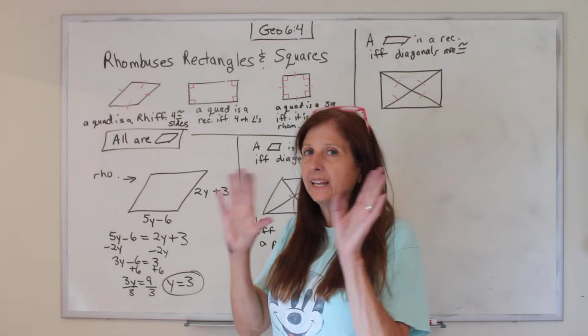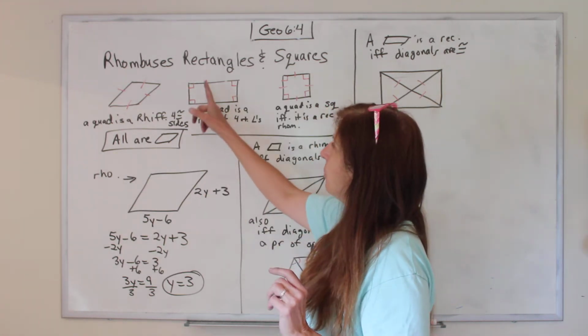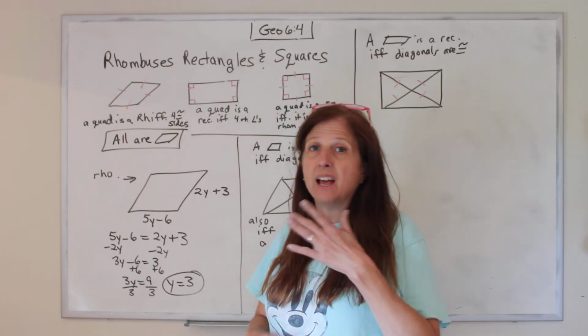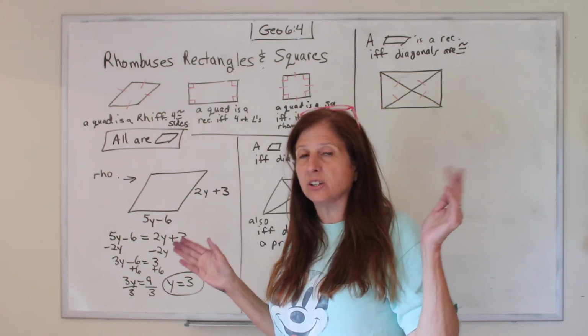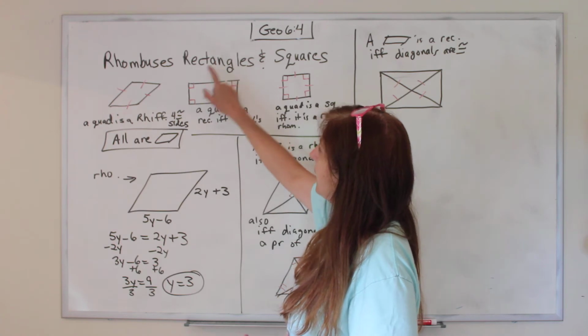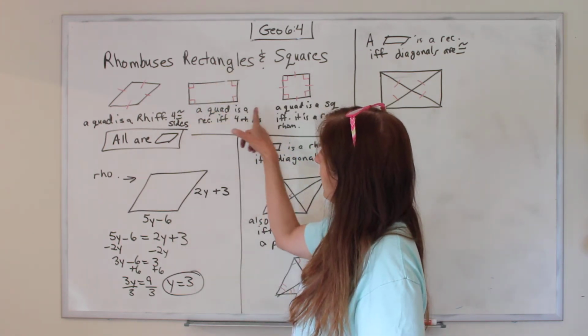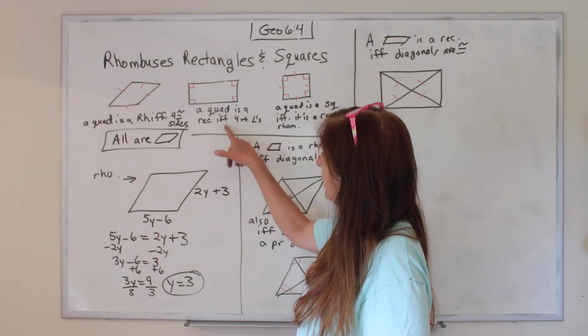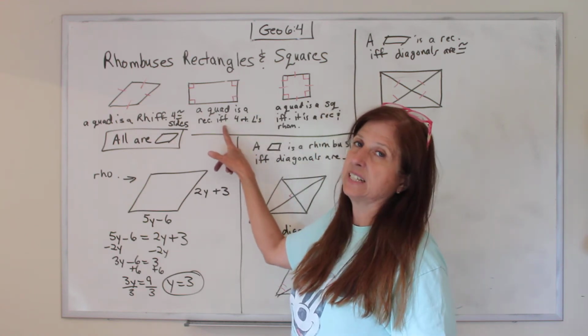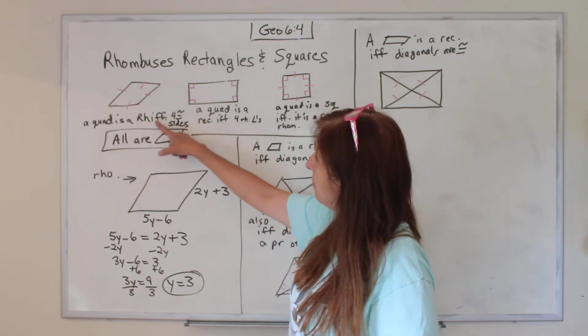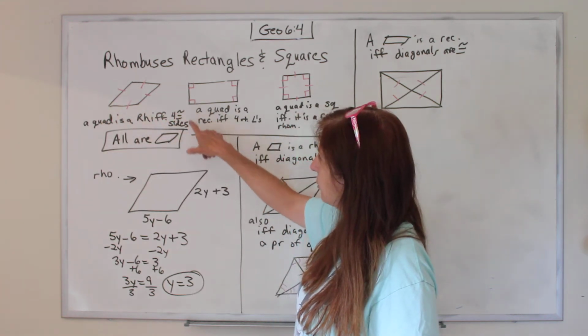Now, we get it in our head that a rectangle has two long sides and two short sides, but that's not necessarily true. The definition of a rectangle is it has four right angles. A quadrilateral is a rectangle if and only if, remember IFF is if and only if, it has four right angles. A quadrilateral is a rhombus if and only if it has four congruent sides.